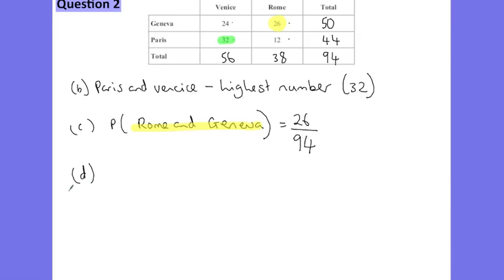Part D here, we have a conditional probability question. Given that this person visited Venice. If they visited Venice, we are now only interested in this.